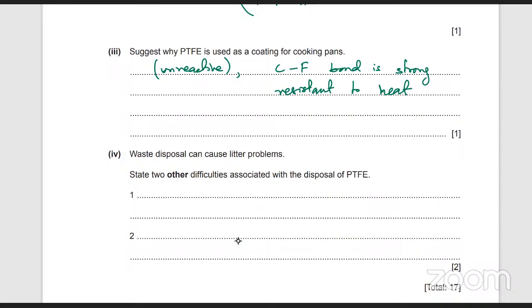So what's the problem with plastics like PTFE? They are non-biodegradable. Which is why landfill sites are needed, and because of that, land gets unusable for hundreds of years.